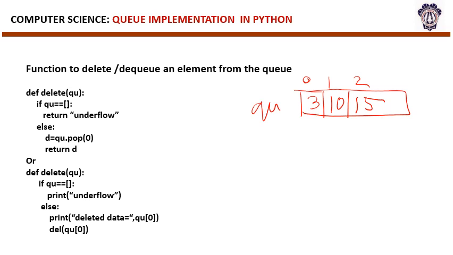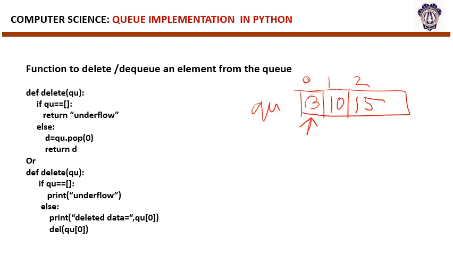If you want to delete an element from the Q, we all know Q is a FIFO structure, means the element inserted at the beginning will be deleted first. So in this case 3 is inserted first. So which element will be deleted?